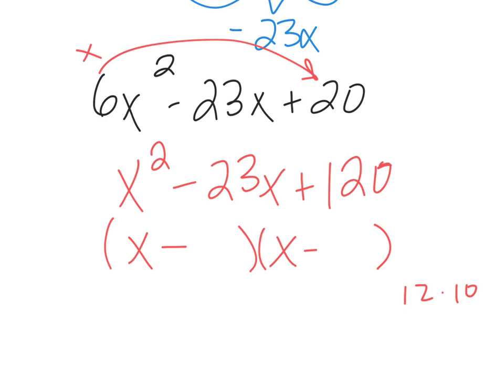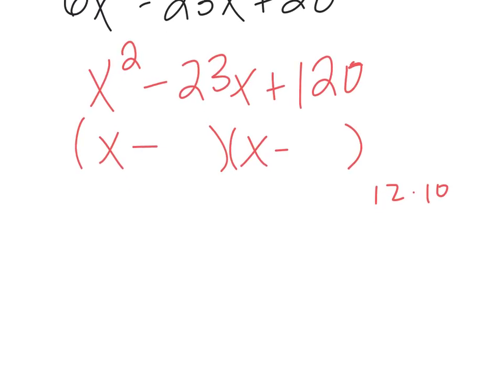Let me try to think how I did this. That's 6 times 2, and that's 5 times 2. So then you would have 30 times 4, which would also give me 120. But that gives me 34, so that's not going to work.